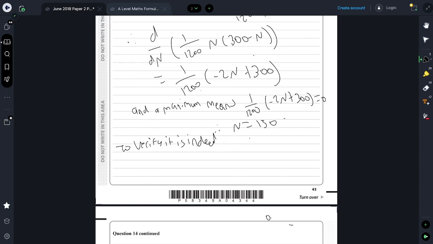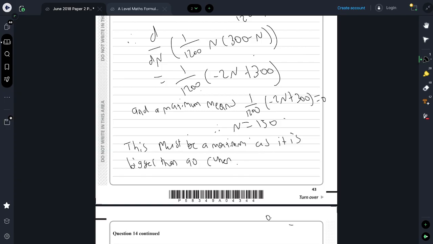It can either be a minimum or maximum, but it can't be a minimum. So let's reason that a little bit. If you're unsure, you can differentiate again and substitute it in and show that the second derivative is less than 0. But I'll just say this must be a maximum as it is bigger than 90 when n is 0.